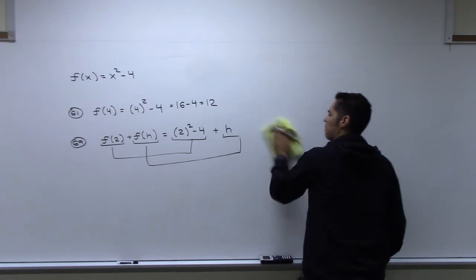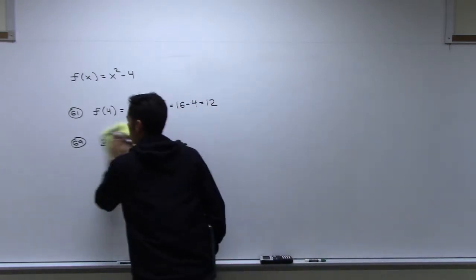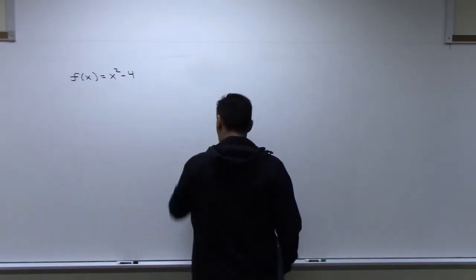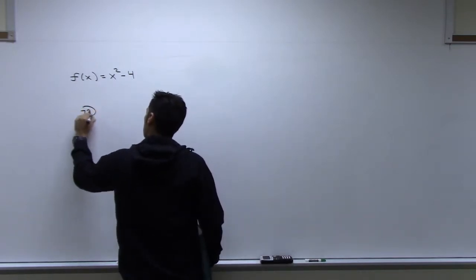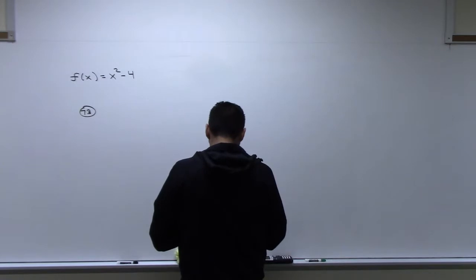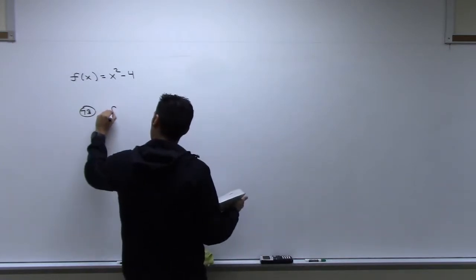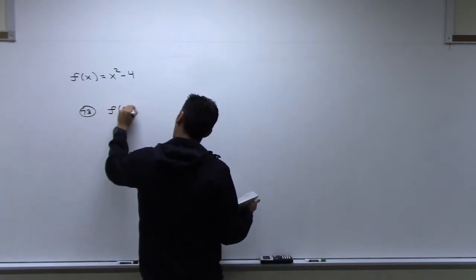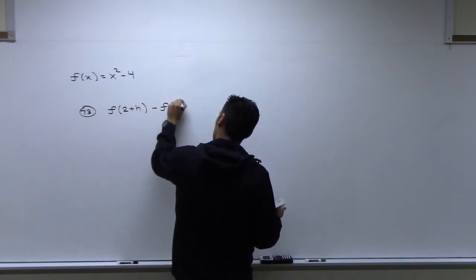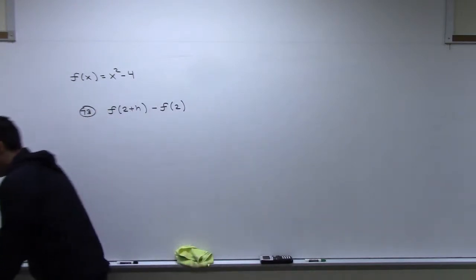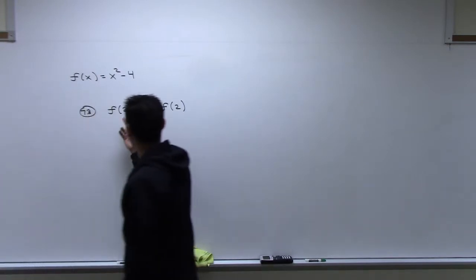I'll erase these. So for 73, they want f of 2 plus h minus f of 2. Good. All right. So for this one, we have something interesting happening here.